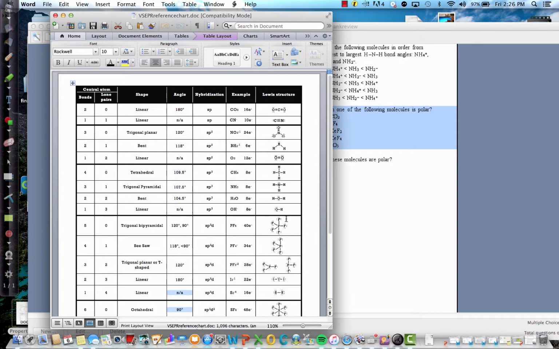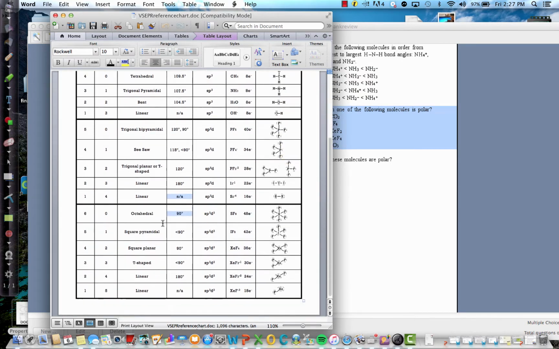Trigonal bipyramidal will be nonpolar. Seesaw will be polar because it's got a single lone pair. The dipoles will not end up canceling. Trigonal planar will be nonpolar. Any linear shape is nonpolar. Octahedral is nonpolar. Square pyramidal will actually be polar. So a square pyramidal will be polar because of that one single lone pair on the central atom.